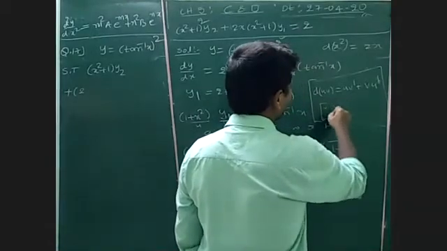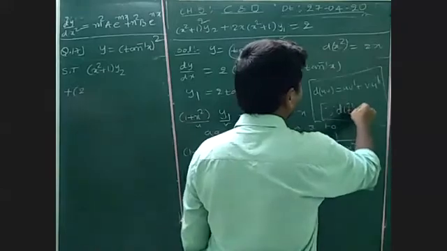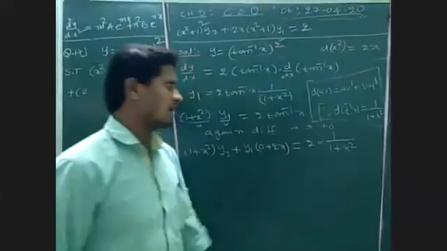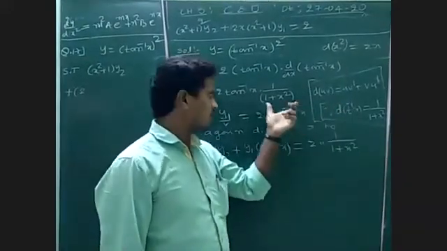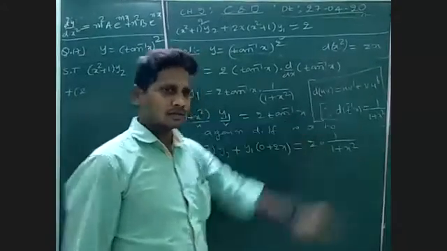In the bracket you should write that the derivative of tan inverse x is 1 by 1 plus x square. Like that, whatever formulas we are applying here, you should write all the formulas.